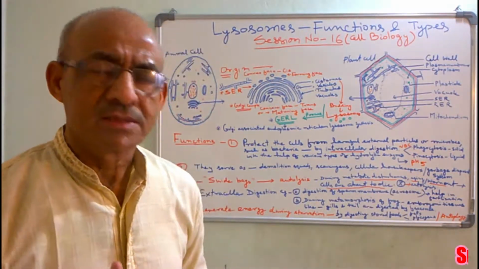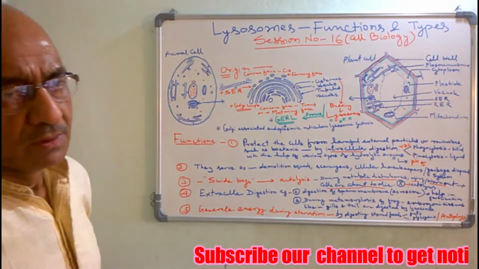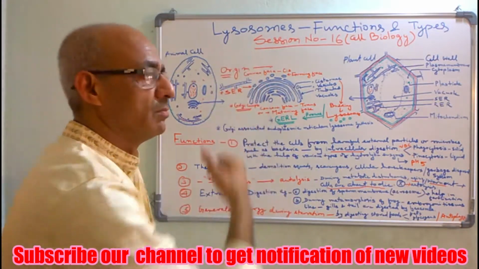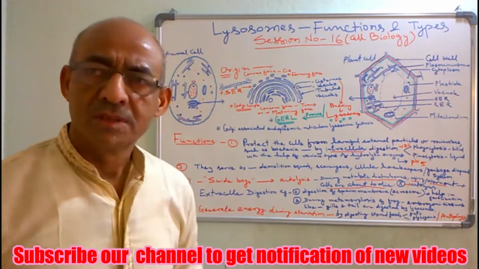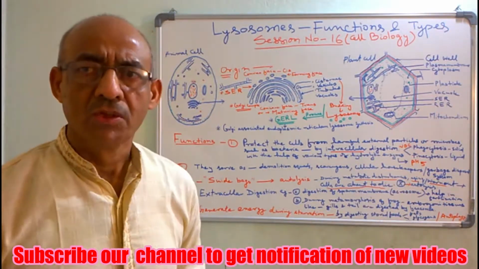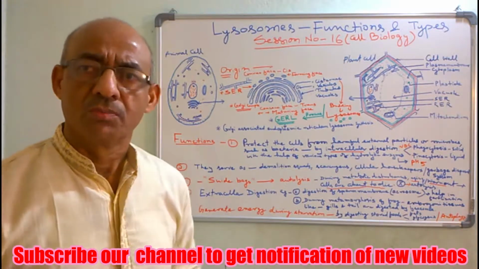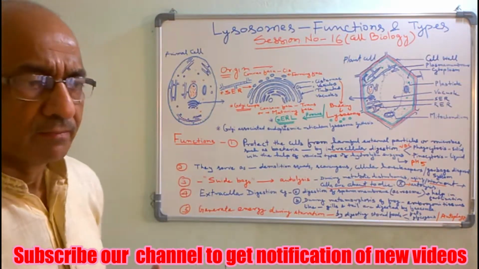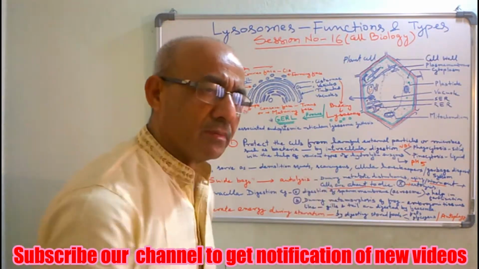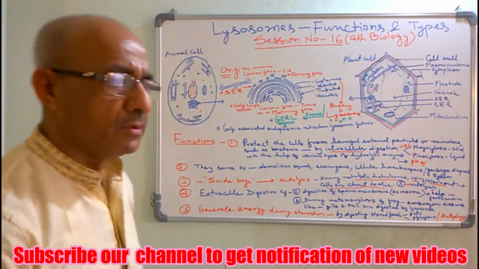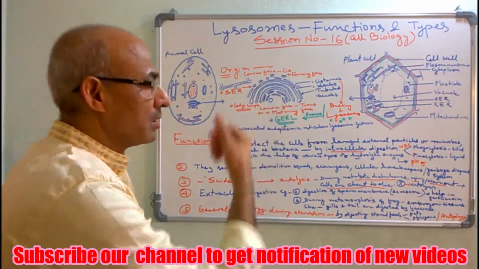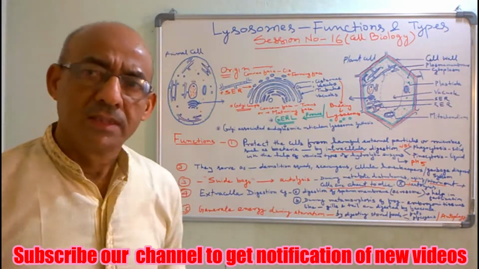Pinocytosis is that cellular process in which certain cell organelles like lysosomes, or an entire cell like a WBC, engulf liquid foreign materials with the help of pseudopodia-like projections, and then by producing food vacuoles, the digestion of those liquid foreign particles starts inside the cell organelles or cell itself.